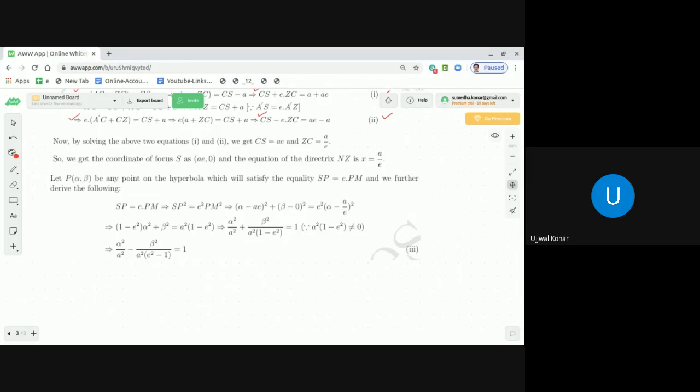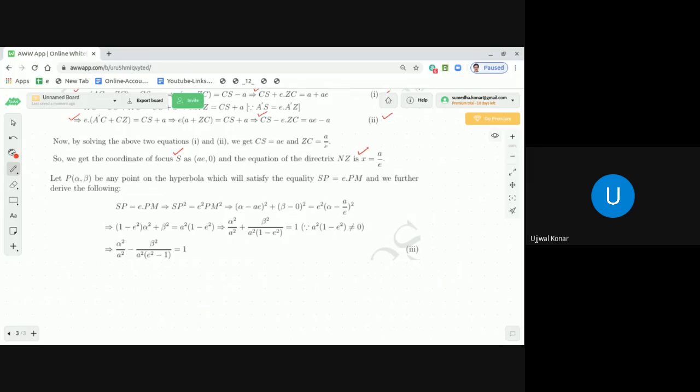But here, the coordinate of the focus is (ae, 0), meaning it is a point on the x-axis. And if you recall, in the general form we took the equation of the directrix as lx plus my plus n equal to 0, which is a generic equation of a straight line. But in this standard form, we found the equation of the directrix as x equal to a by e, which is nothing but a straight line parallel to the y-axis.